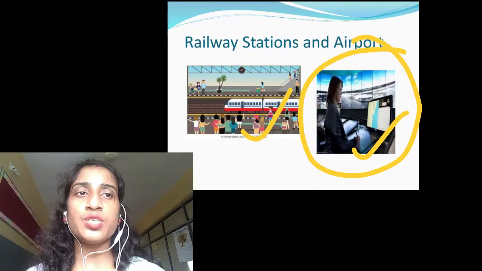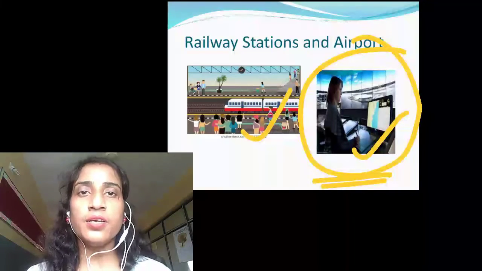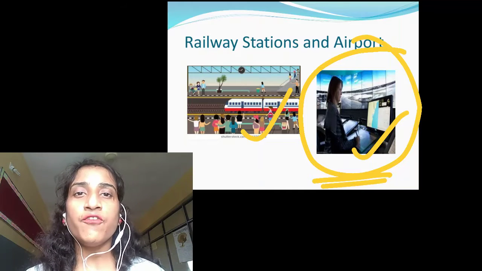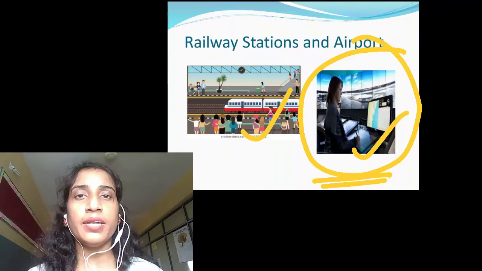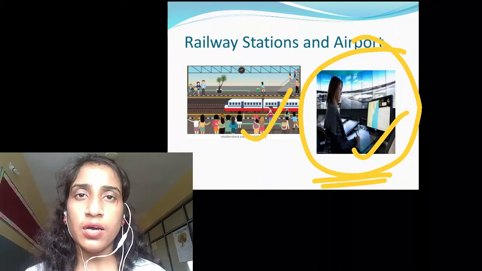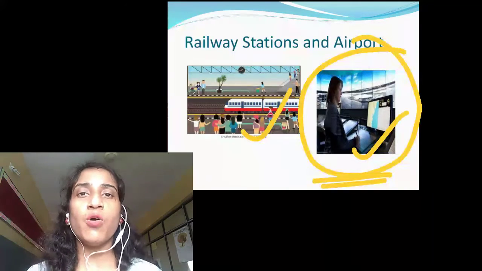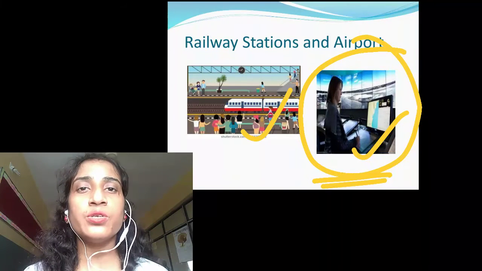In this picture you can see a lady using the computer at the airport to maintain the information of passengers and the records of airplanes, the whole information about the airport.